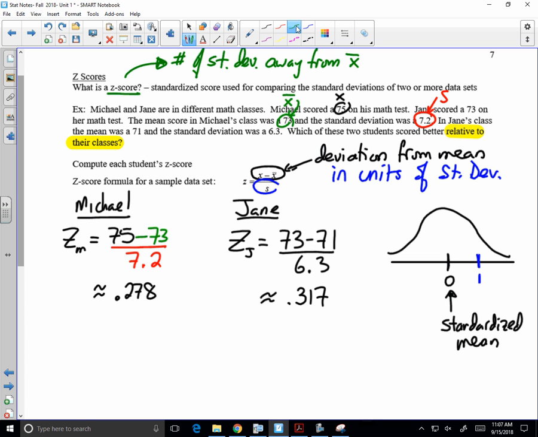We'd have 0.278 and then 0.317. So this one here is z sub m, and then I'll make this a different color, z sub j. So we can conclude that Jane performed better relative to her class.